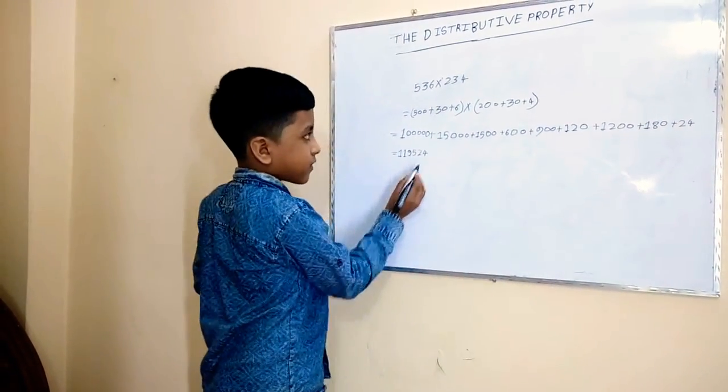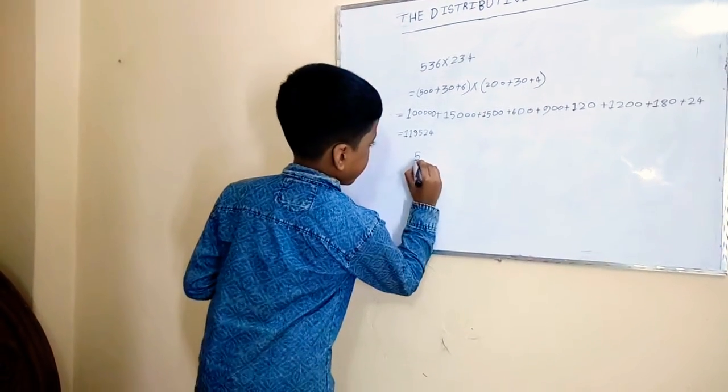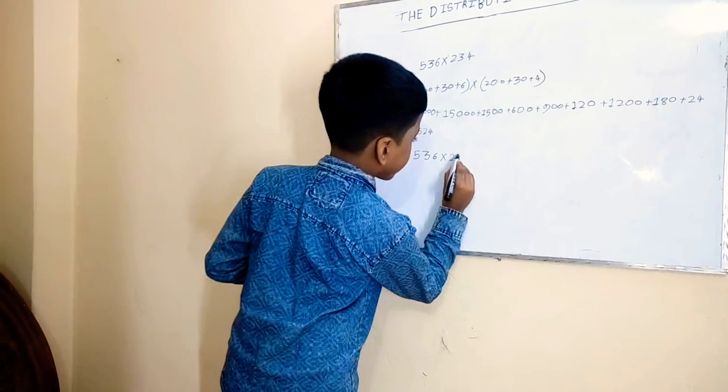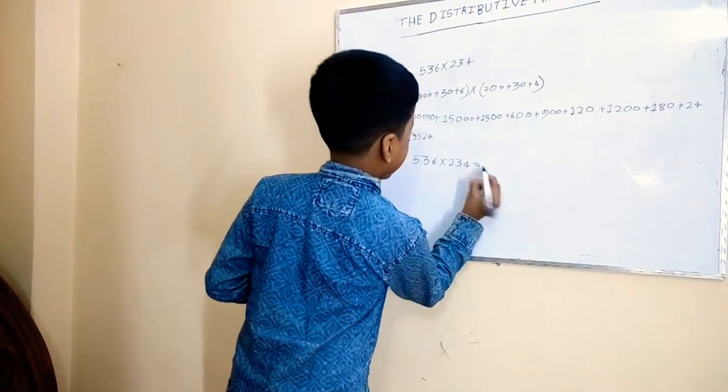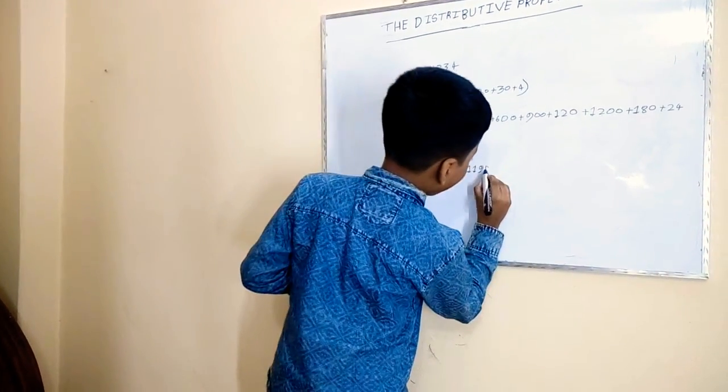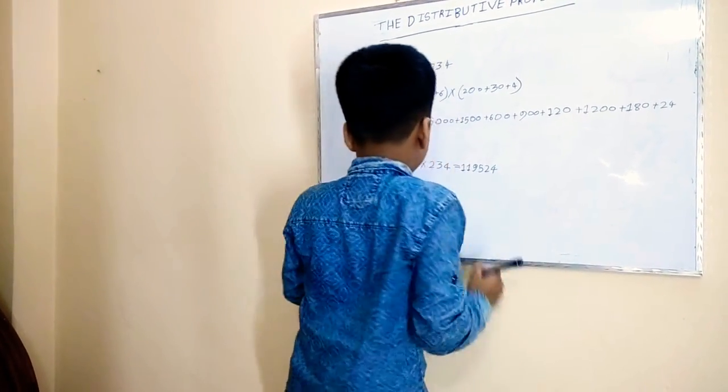And this is the answer to our problem. That means 536 times 234 is 119,524.